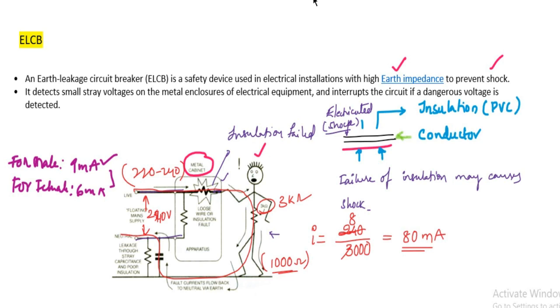That means you are going to lose muscle control, so you cannot control your muscle, and it will stay in touch with the wire, and because of current flow through the body, your body cells will be damaged. So that is what happens when humans are electrocuted. Here, the current through the human body is 80 milliamps, which is more than 9 milliamps, above which a human gets electrocuted.